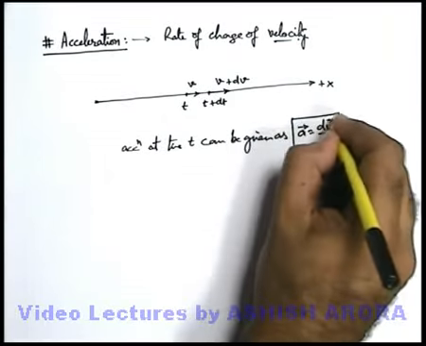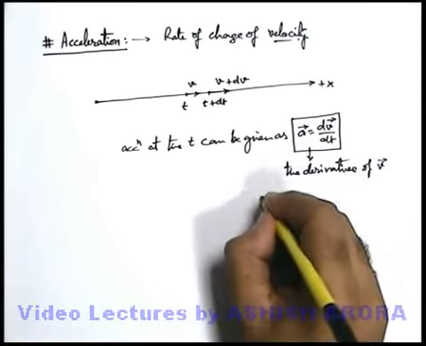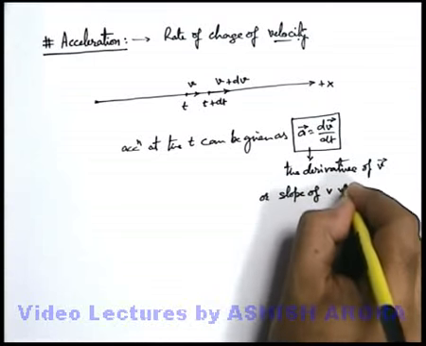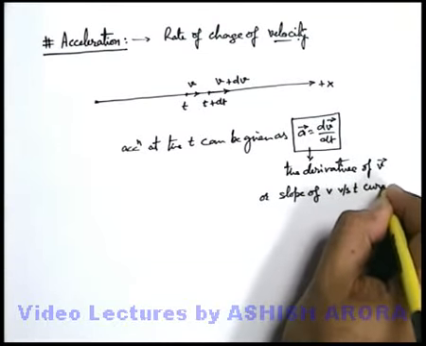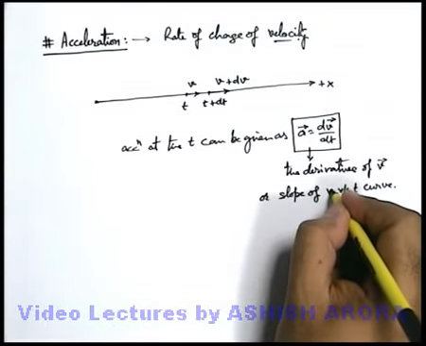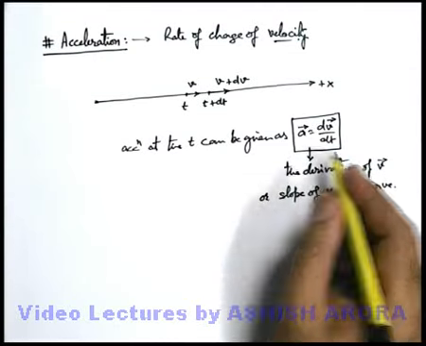Vectorially, the acceleration vector is dv vector by dt. It can also be written as the slope of the velocity versus time curve, because dv by dt is the slope of the v-t curve if we are finding the acceleration for a body moving in rectilinear motion.